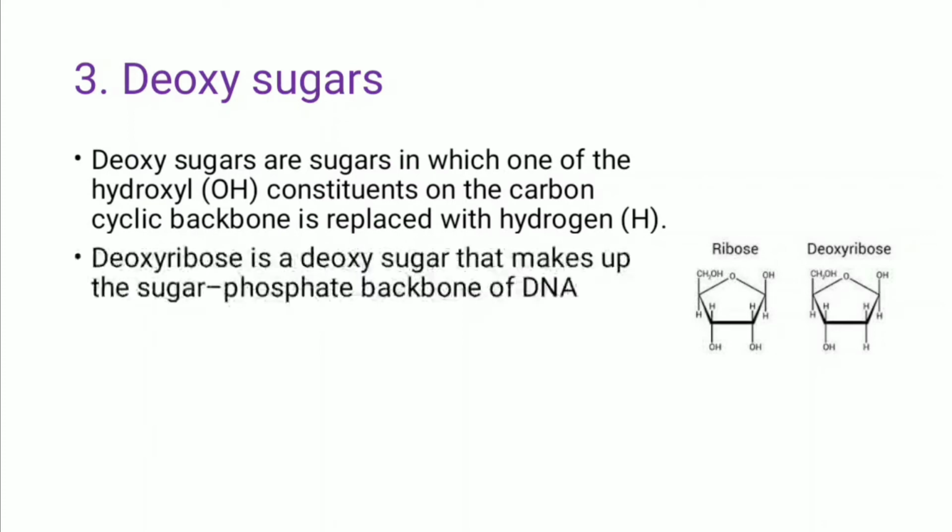Deoxyribose is a deoxy sugar that makes up the sugar phosphate backbone of DNA. In this sugar, one hydroxyl group is replaced by H. Here the monosaccharide is ribose, so when it is derived to deoxyribose, it contains one oxygen less.